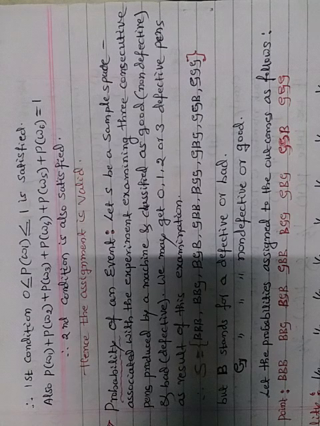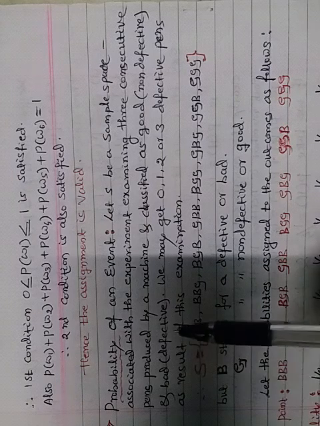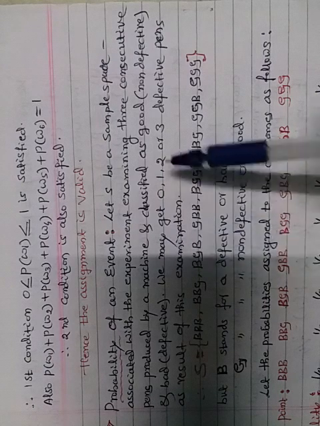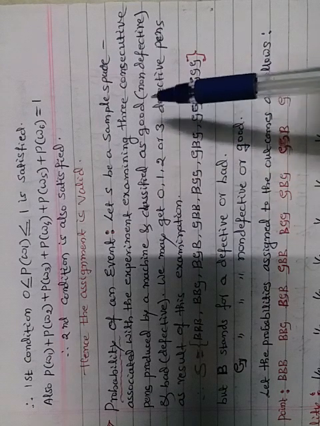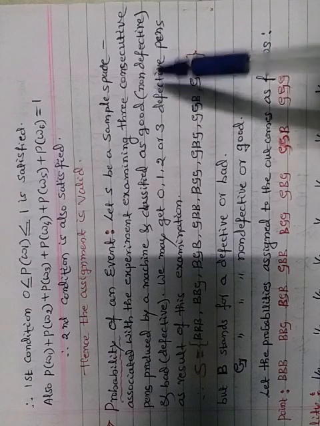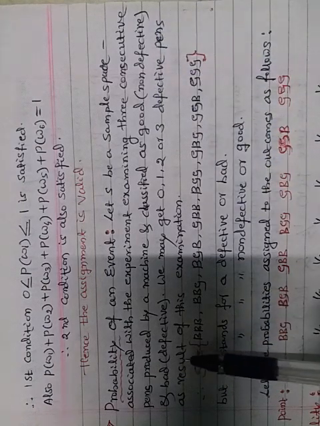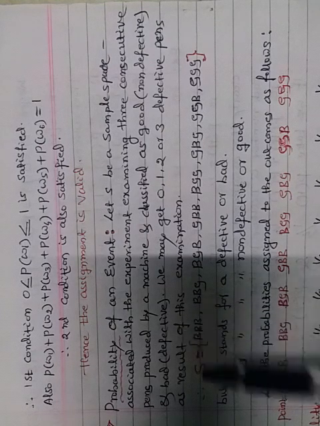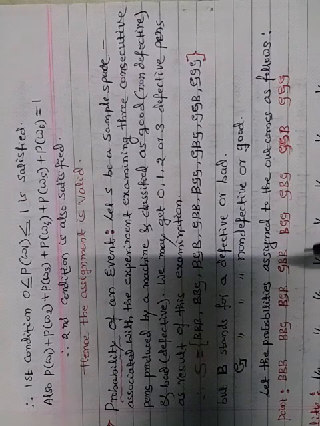Let S be the sample space associated with the experiment of examining 3 consecutive pens produced by a machine and classifying them as good condition, meaning non-defective pens, and bad condition, meaning defective pens. You understand clearly here, students, right?